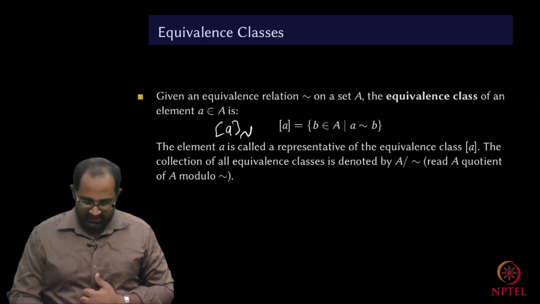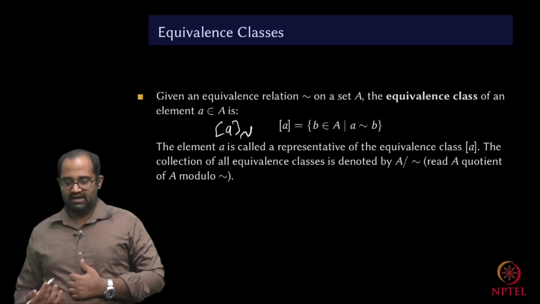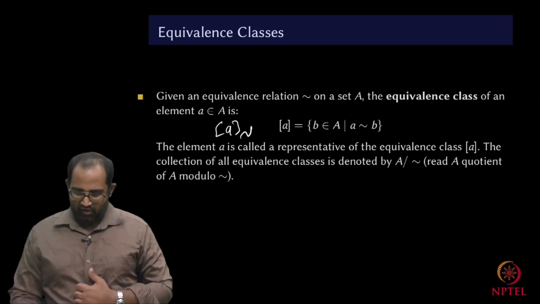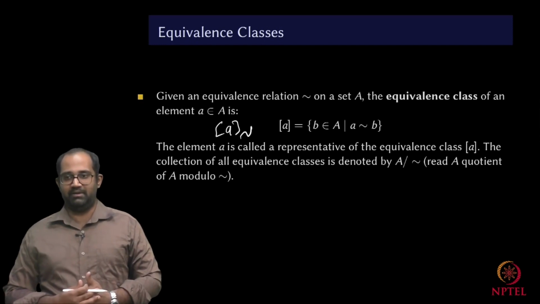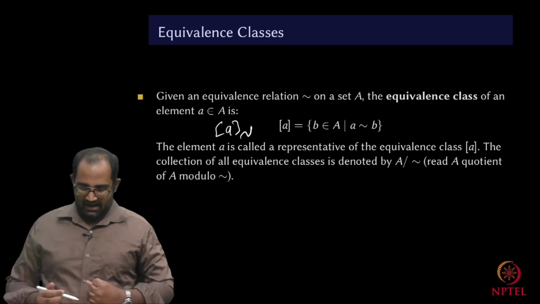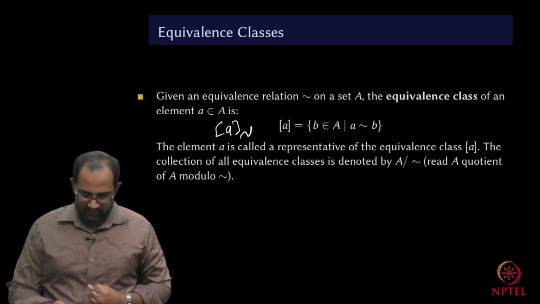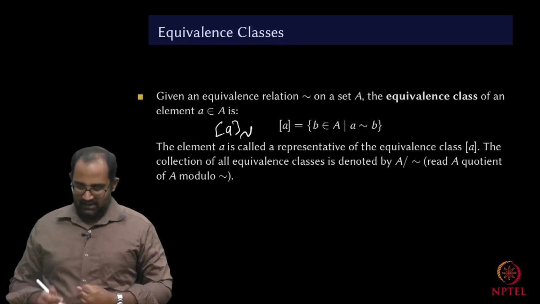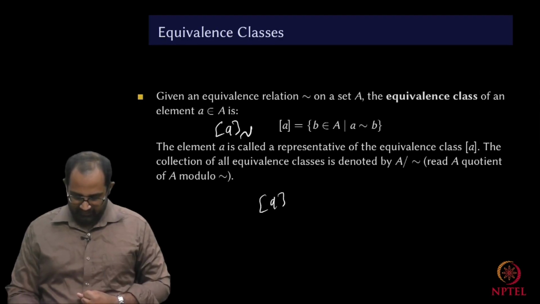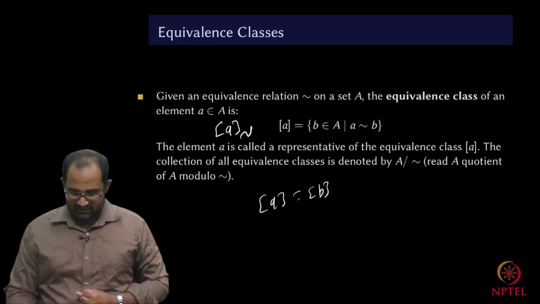So, box A is the equivalence class of the element A. It consists of the set of all elements B in A such that A is related to B. Now, notice that it is quite possible that box A is equal to box B even if A is not equal to B.